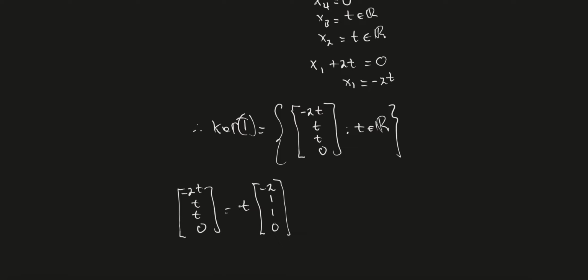So there are lots of ways we can say it. This implies that every vector that is a scalar multiple of -2, 1, 1, 0 is a vector in the kernel of T.